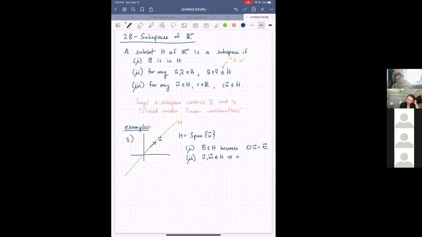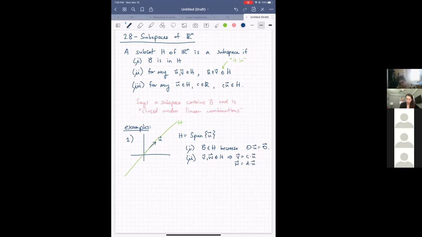So we can write V as C times U for some constant, and W as D times U for some other constant.